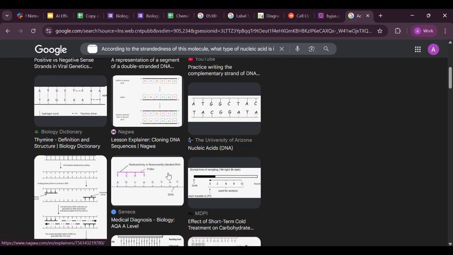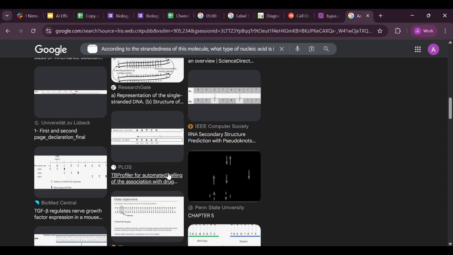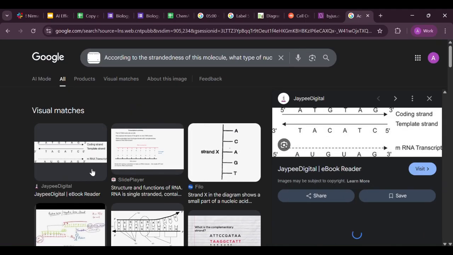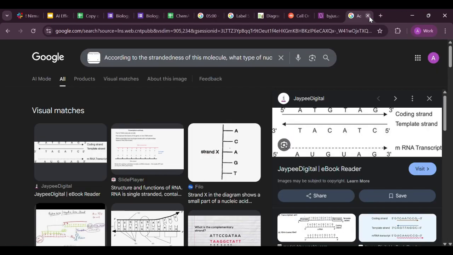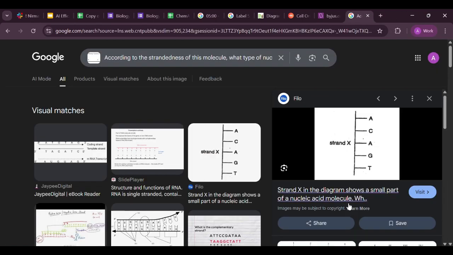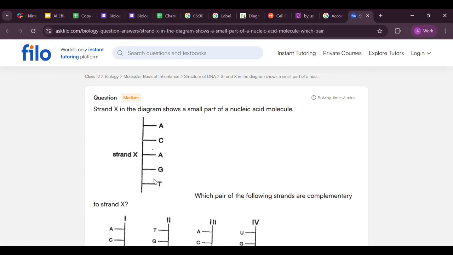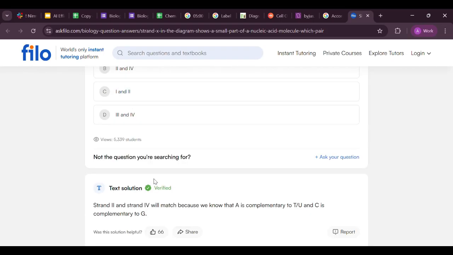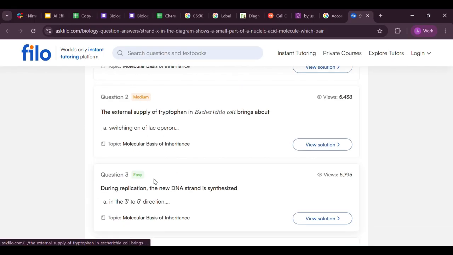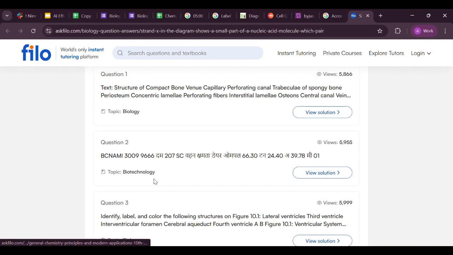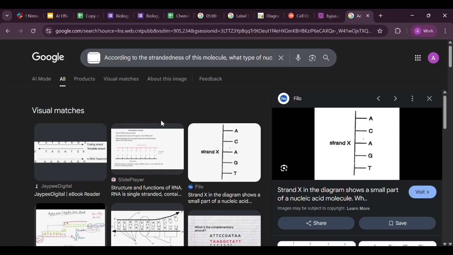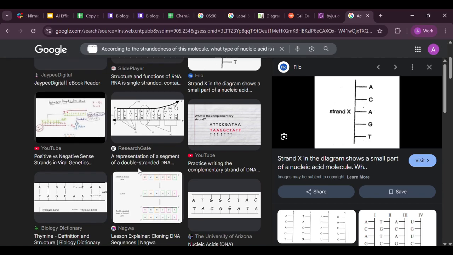So let's see using this image only whether it is going to allow me to read or not. Oh, it is a book, so it doesn't allow me to read through it. Let's check this one. Okay, this is not the question that I was expecting over here. Okay, so let's move forward with some other image.